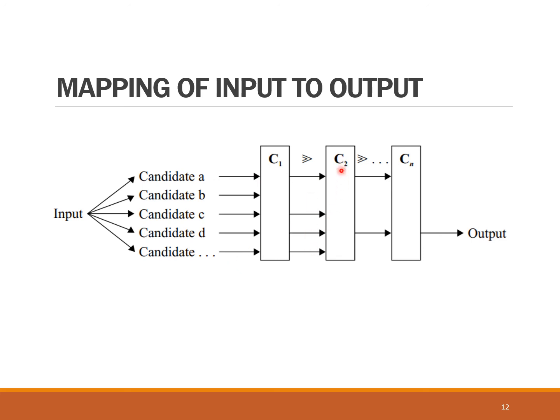And constraint 2 rules out this one, and out of these 4, only 2 are supplied to the last constraint. After the last constraint also evaluates these 2 candidates, only this one remains, and the one which remains, that means candidate D has won the race, and it becomes the output.